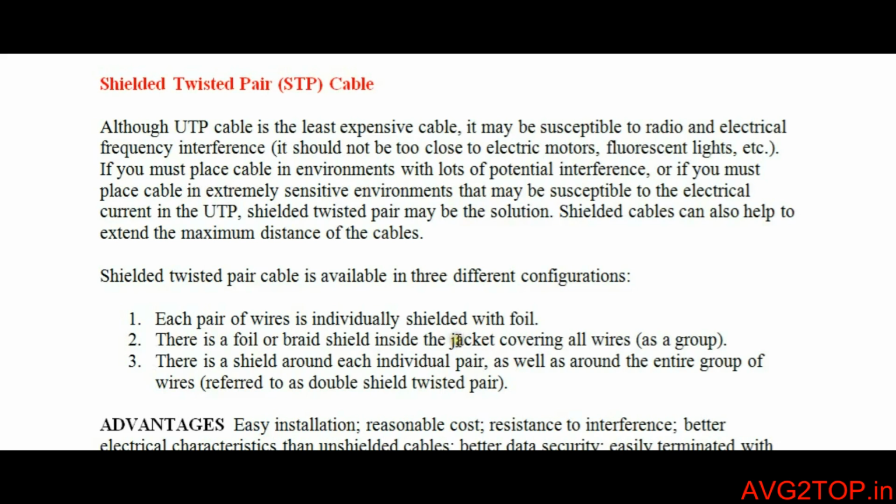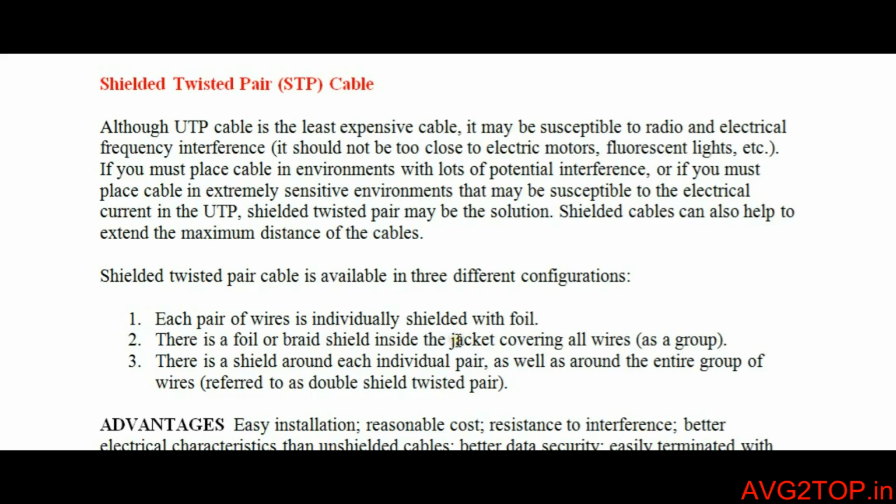But these are all overcome using the shielded twisted pair, because it has a foil around the cable which protects extremely well from electrical motor signals as well as fluorescent lights. Shielded twisted pair can also help extend the maximum distance of the cable. It is available in three different configurations.